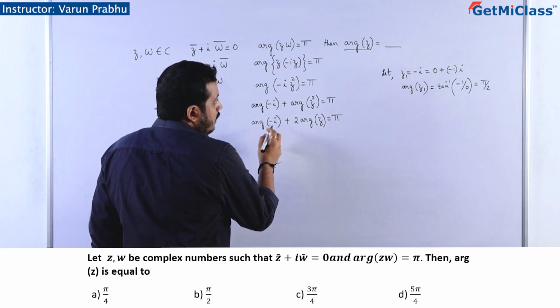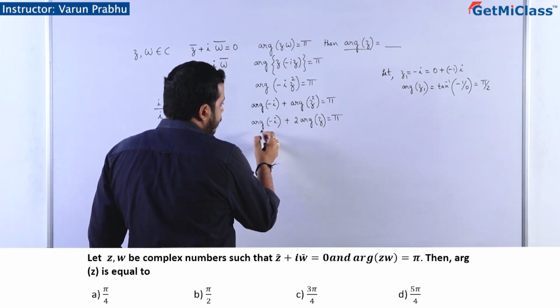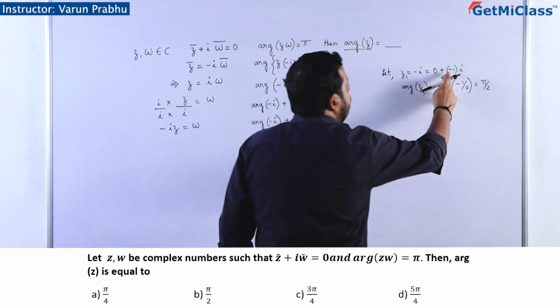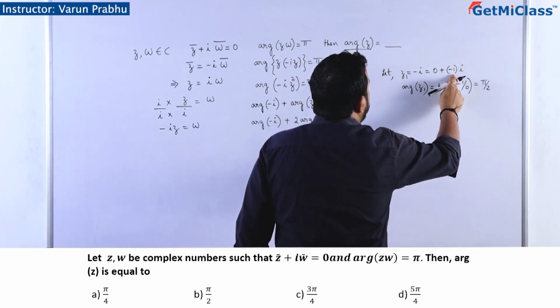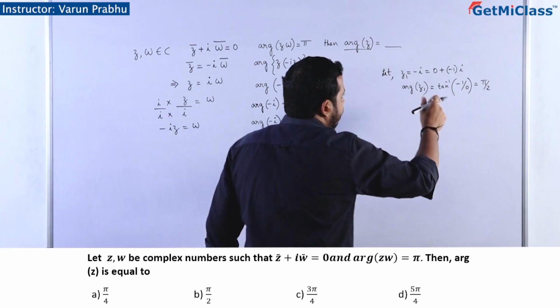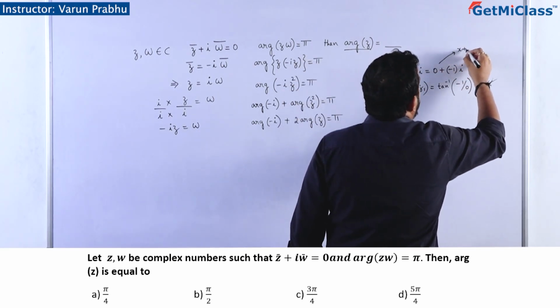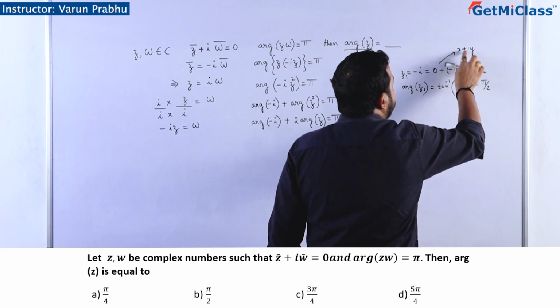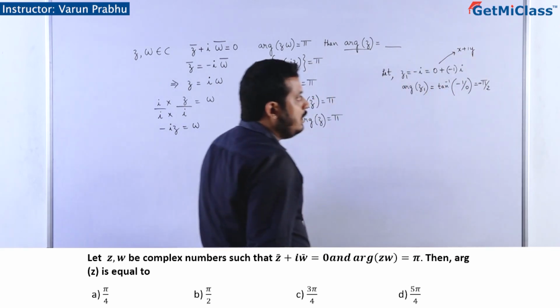But here the y value is negative and the x value is equal to 0, so it is on the negative y axis. So minus pi by 2.